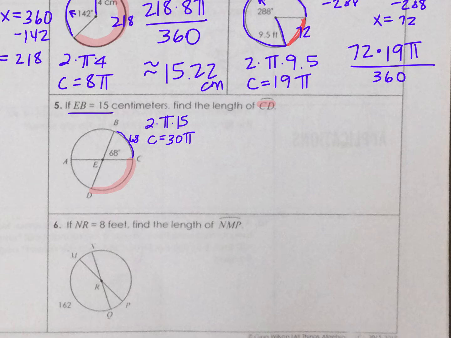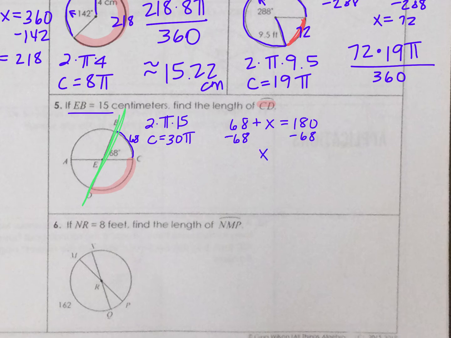Well, I got a problem because I only know the length of this one, which is 68. But I can cut my circle in half. If I cut my circle in half, half of a circle is 180 degrees. So I can say part 68 plus that pink part that we don't know equals that half a circle.